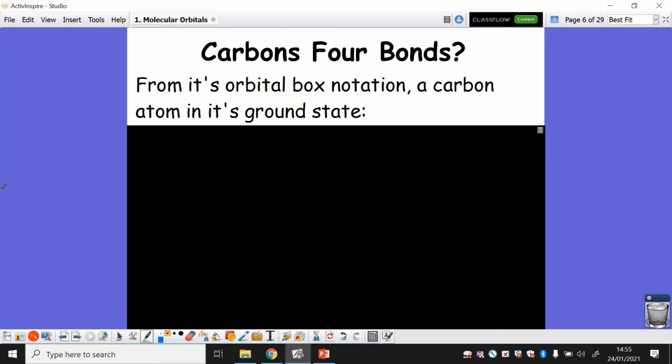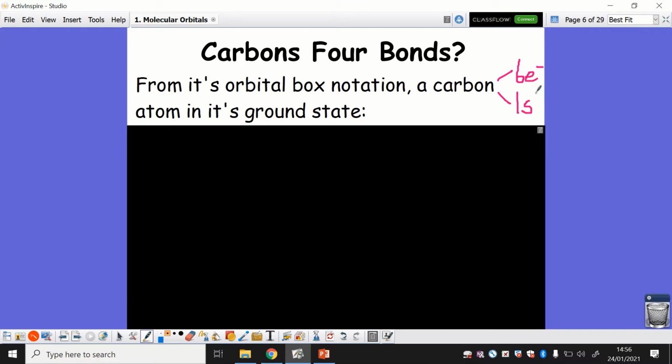So I want you to think back to National 5, and you're asked how many bonds does a carbon atom form? You'd look at your periodic table, it's in group 4, valency 4, it forms 4 bonds. But let's think about what we have learned in Advanced Higher. Carbon has 6 electrons.